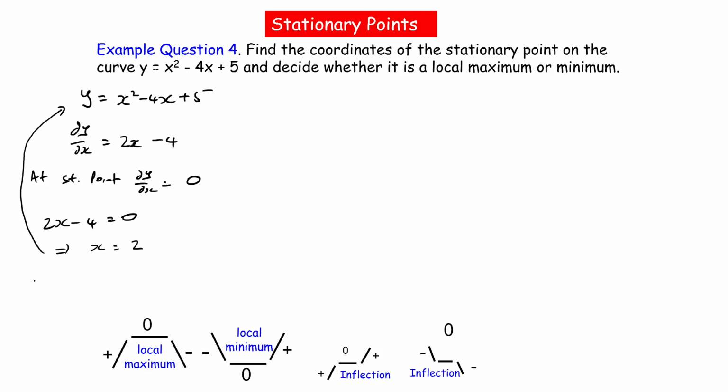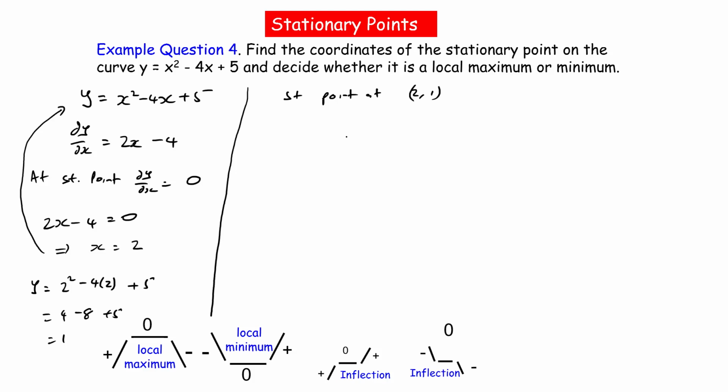I think this is the same question as earlier. So y is going to be equal to 2 squared minus 4 times 2 plus 5, which is 4 minus 8 plus 5, which is 1. So our coordinates are at 2, 1. Okay. Right.